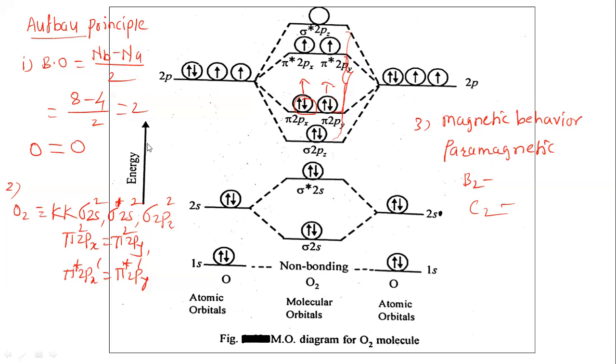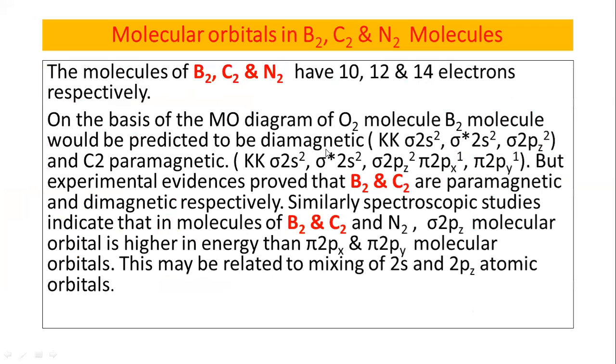In the MO diagram of these molecules, sigma 2pz always has the lower energy level. But spectroscopic evidence shows that in the boron and carbon molecules, the sigma 2pz molecular orbital is higher in energy. So this is totally unusual.